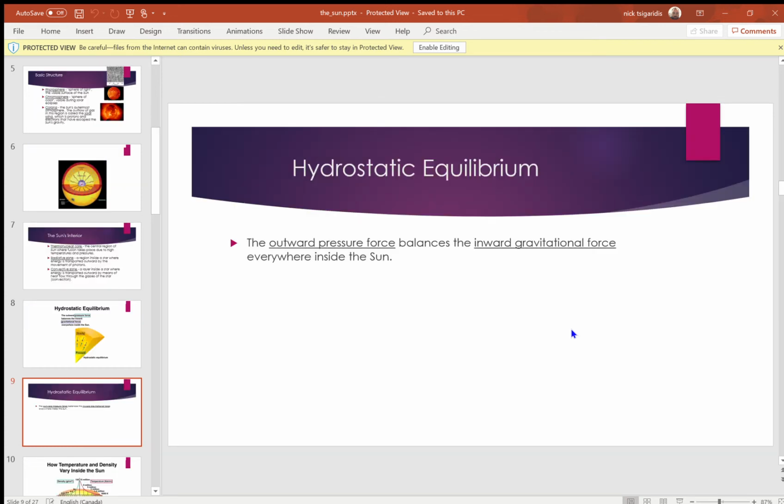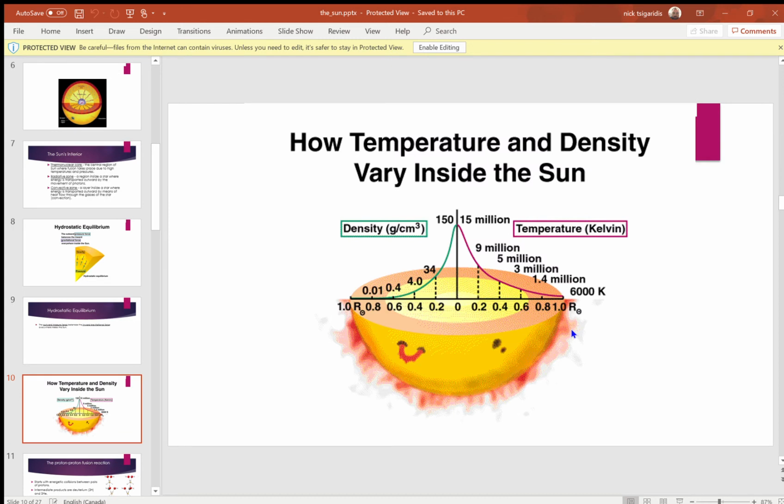So I already mentioned this, the hydrostatic equilibrium. So that's the outwards force. When it balances with the inwards force, you get the size of the sun. This is a nice little graphic here that kind of explains how the different parts of the sun may change. So on the left-hand side, we've got density, and on the right-hand side, we've got temperature.